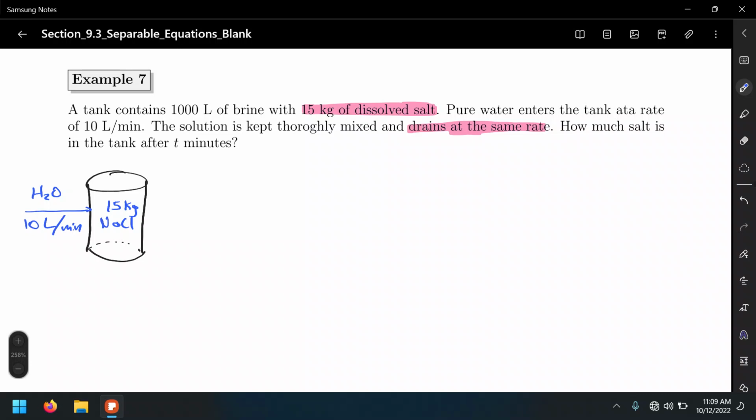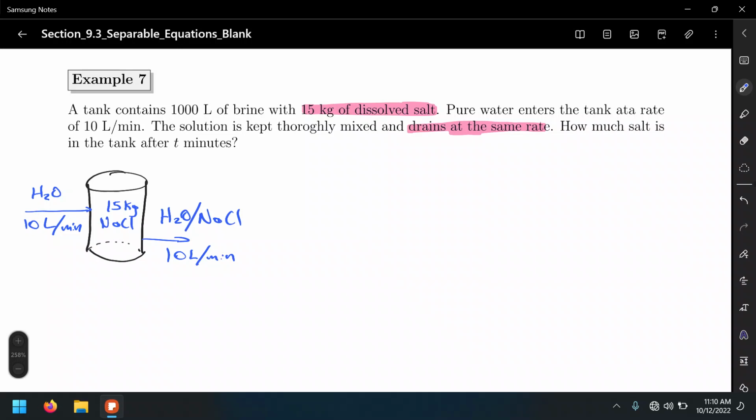Right? What's coming out? Once the mixture is taking place inside of the tank, what are we going to get? We are going to get a mixture of water and salt. And that comes out at the same rate as it comes in, which is 10 liters per minute. So that's all the information that we have, and that's actually more than enough information to solve our problem.